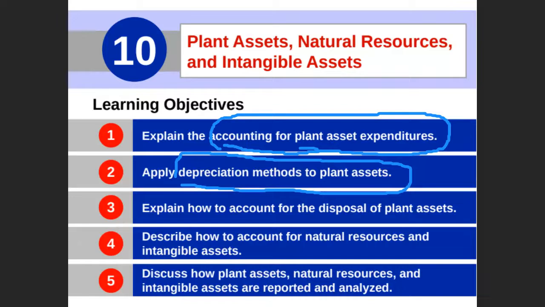Yes, what is depreciation? It is like an expense on the asset, okay.